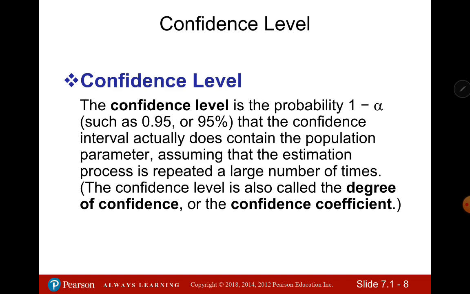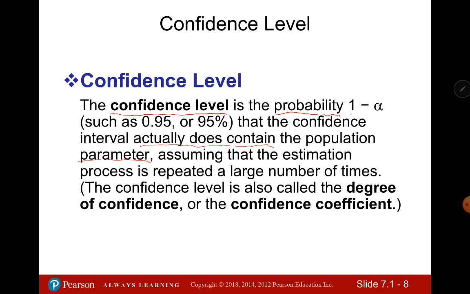But if we talk about the confidence interval, we have several concepts. The first one we call the confidence level. The confidence level is the probability that the confidence interval actually contains the true value. So it's the probability that this confidence interval actually contains the parameter.